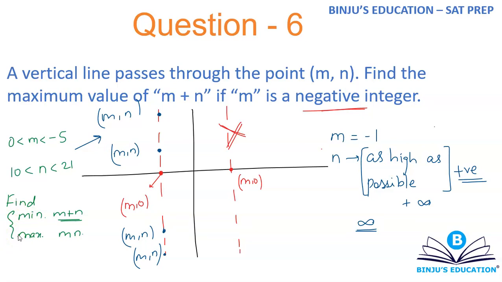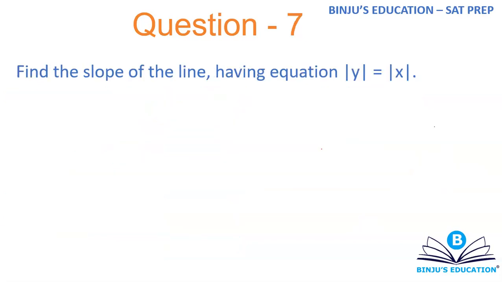All right, let's try one more question. You can pause the video and try this question yourself. Alright, so I have mod y is equal to mod x. If you know how to open mod, then it's fine.